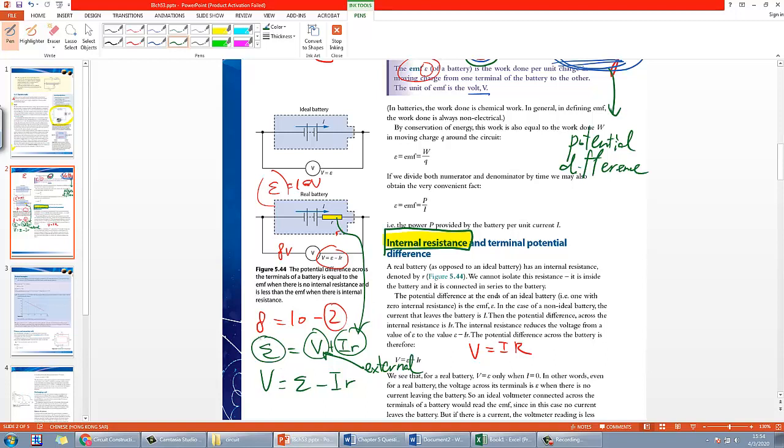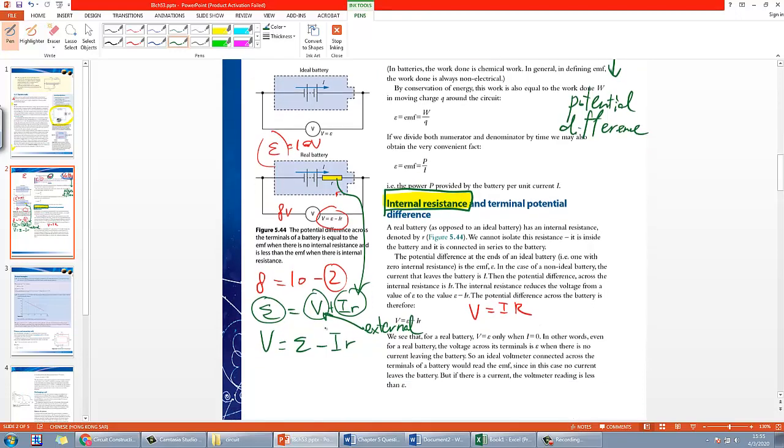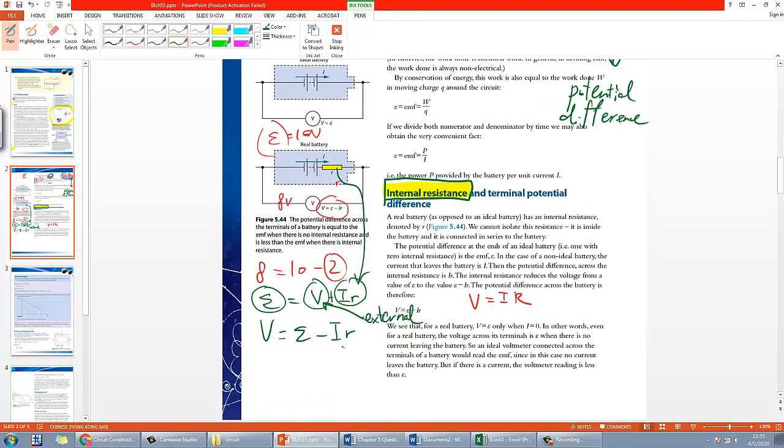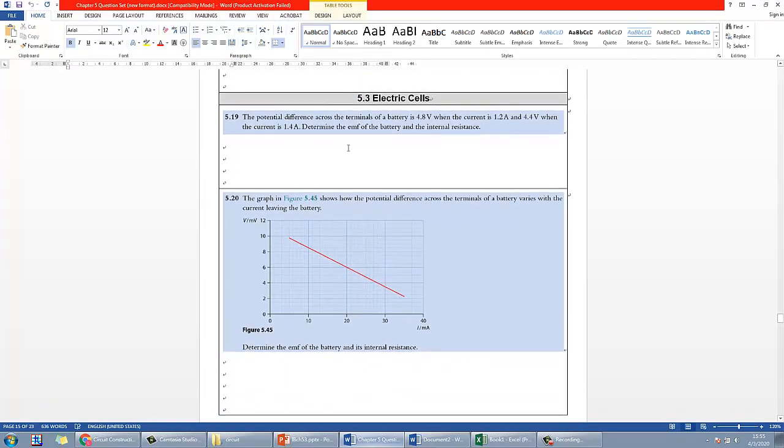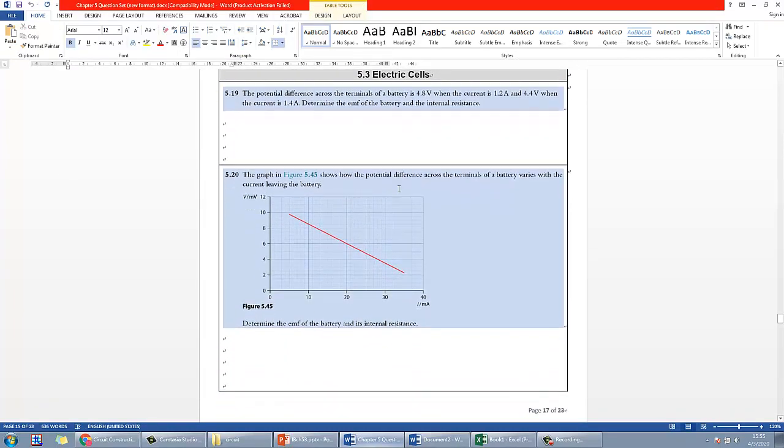And this is the actual EMF, that means the ideal maximum voltage output by the battery. Okay, so right now there are 2 example questions. I want you to try them out, pause the video, and we will talk about it.